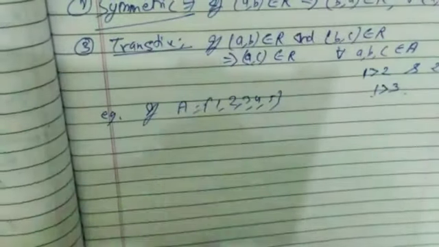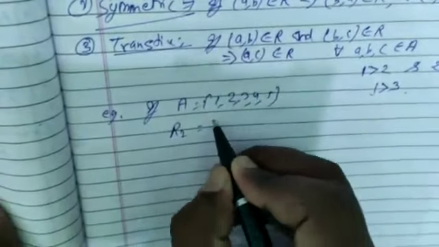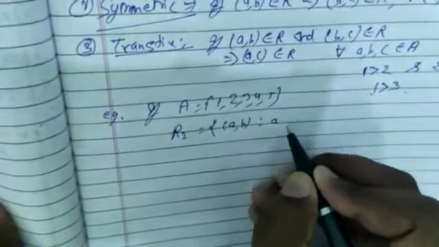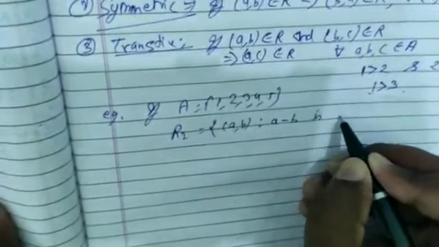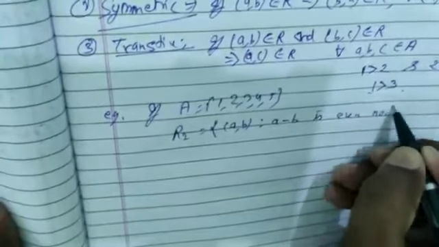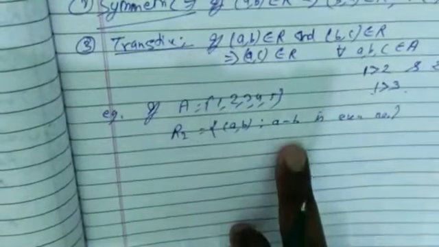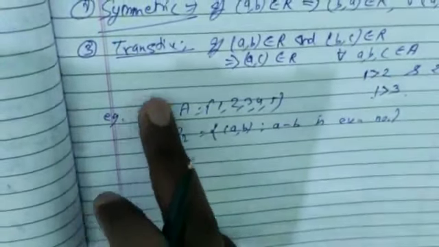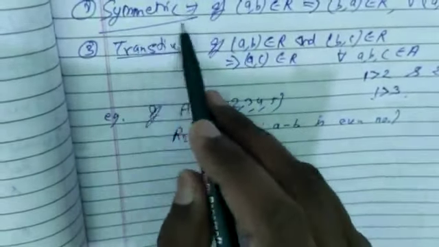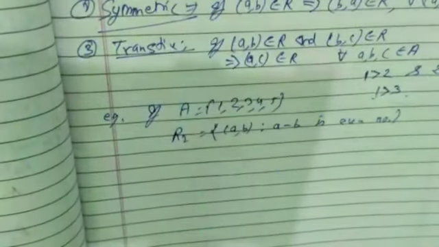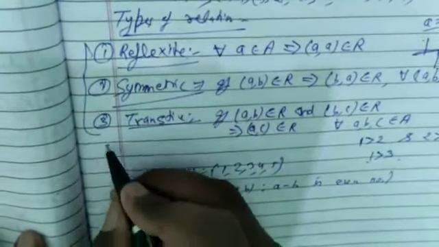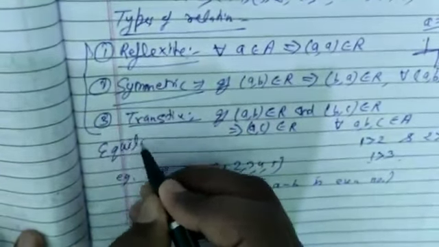So then the relation is R2 = {(a, b) such that a minus b is an even number}, from the previous video's example. Then prove that it is reflexive, transitive and symmetric. All three types together make an equivalence relation.